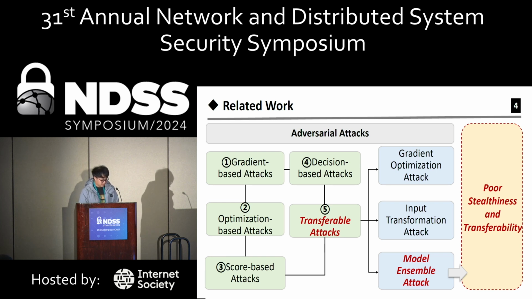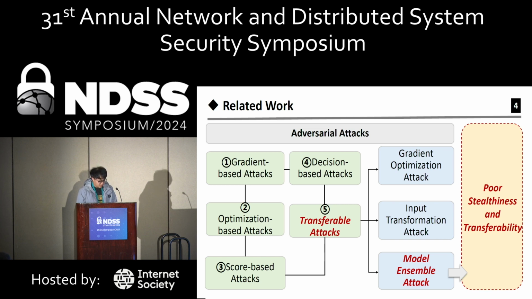However, in the black box setting, the attack efficiency is lower due to the inability to access the target model's internal details. Some transferability enhancing attack methods have been proposed to solve the above problem, including gradient optimization attack, input transformation attack, and model ensemble attack.